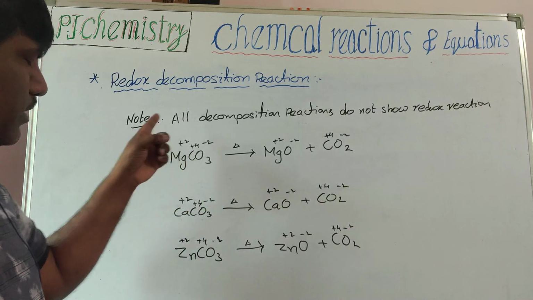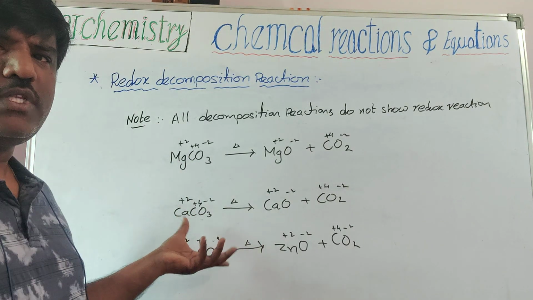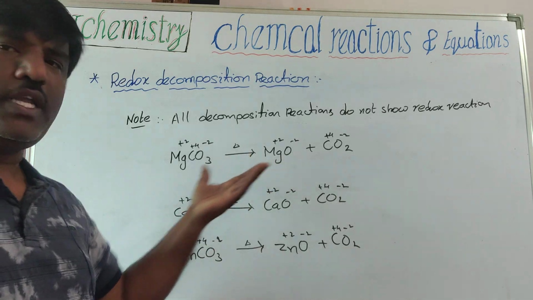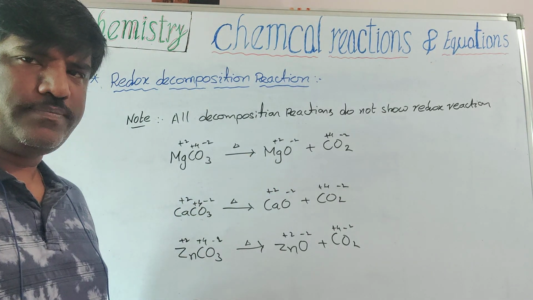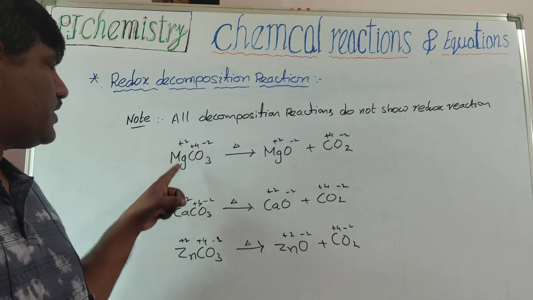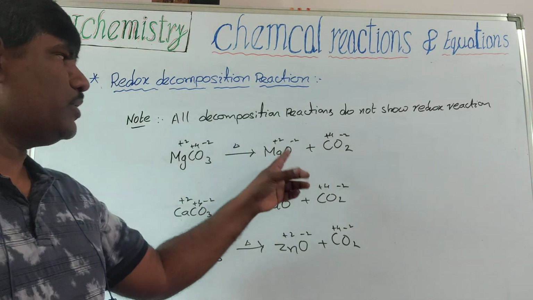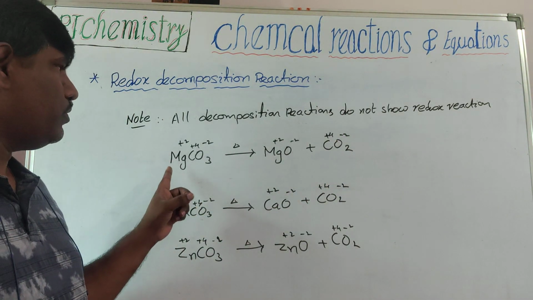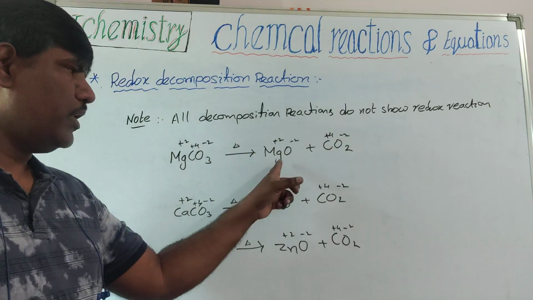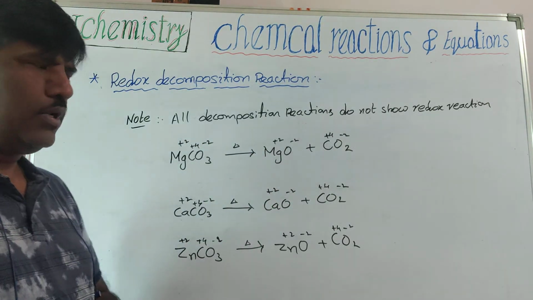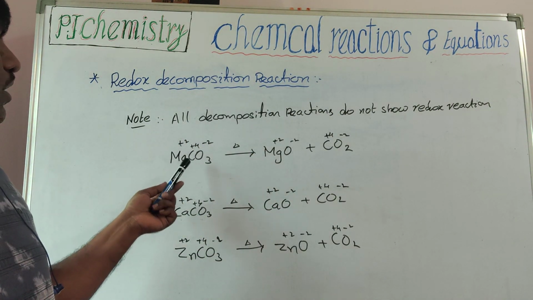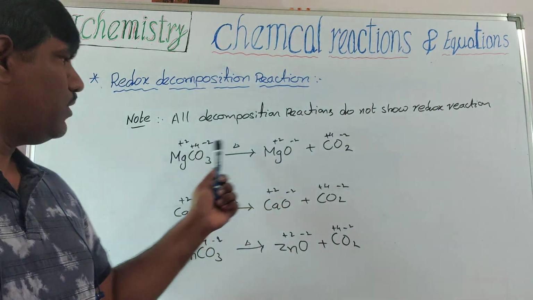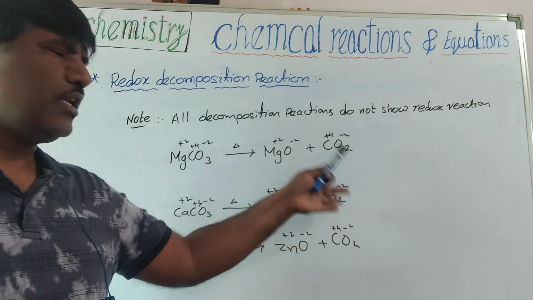But see here, I have given 3 examples. These are also decomposition reactions, but there won't be any oxidation number change. See the first example: magnesium carbonate decomposes into magnesium oxide plus carbon dioxide. Here magnesium is +2 on the reactant side, and on the product side magnesium is also +2. Next, carbon is +4 on the reactant side, and +4 on the product side. Oxygen is -2, and on the product side also -2.